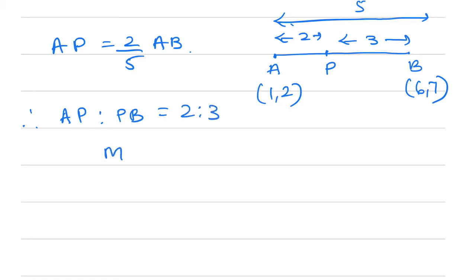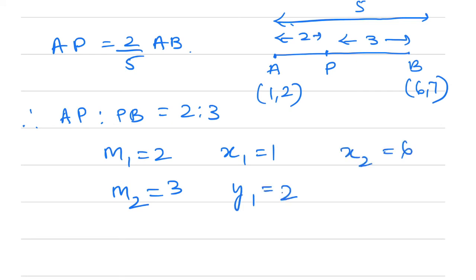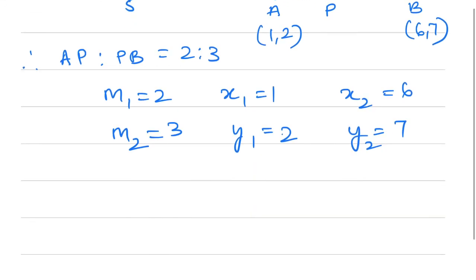So we can say m1 is equal to 2, m2 is equal to 3, x1 is equal to 1, y1 is equal to 2, x2 is equal to 6 and y2 is equal to 7. So we need to use the section formula.